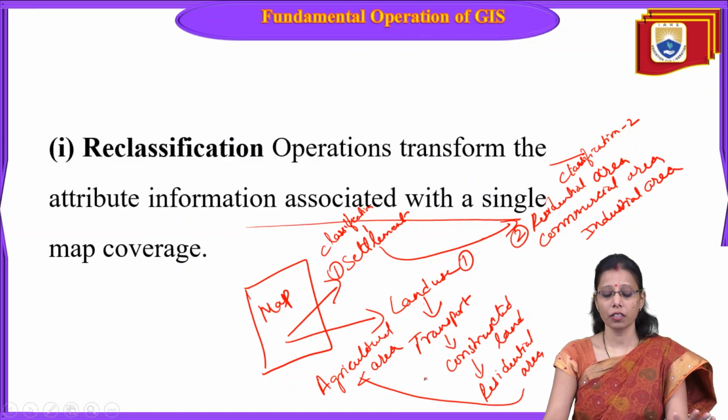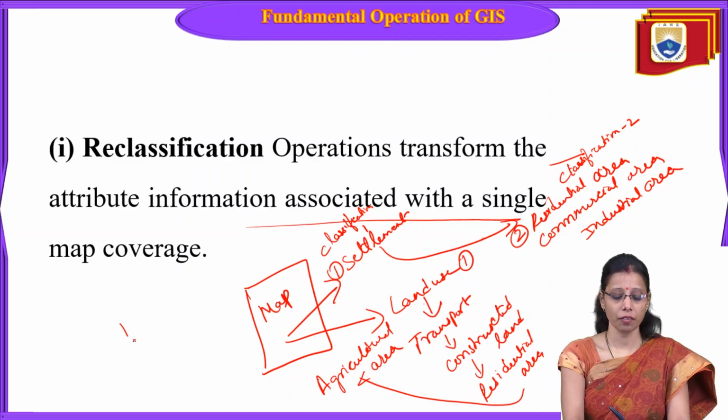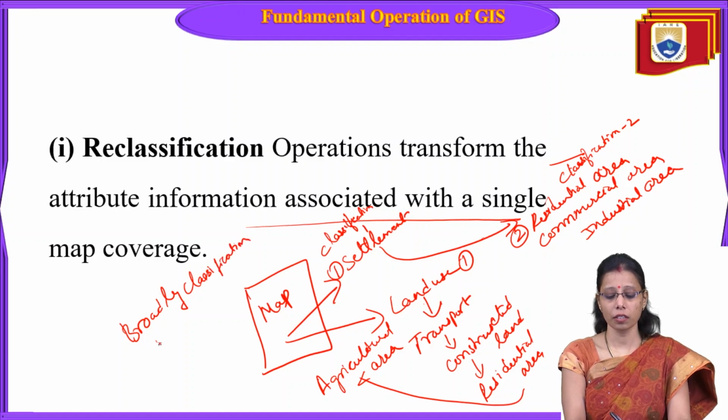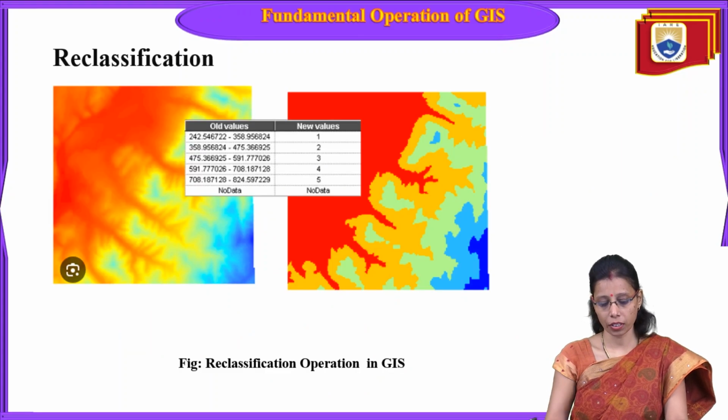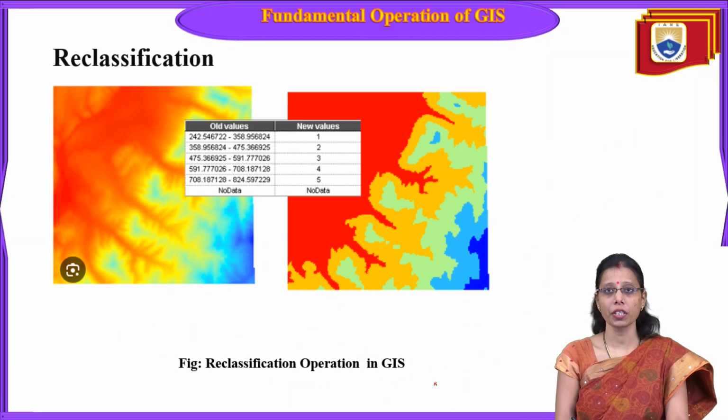So in GIS, the first thing is broad classification. After this broad classification is done, we again go to level 1 and level 2. This is how we do the classification operation. For example, here you can see a reclassification operation in GIS.